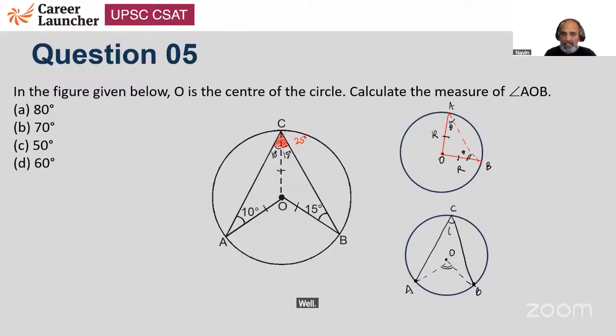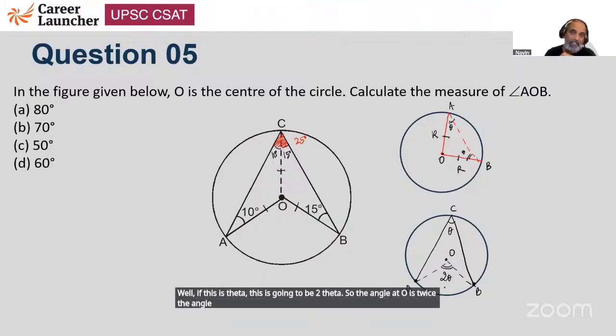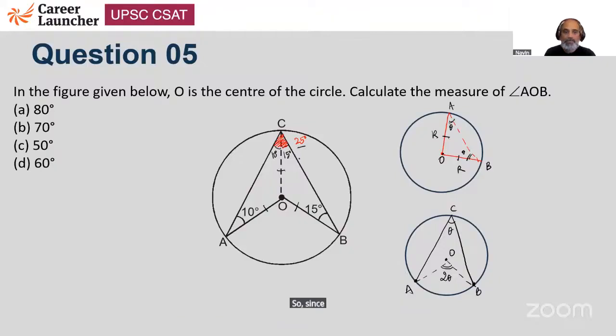Well, if this is theta, this is going to be 2 theta. So the angle at O is twice the angle we see there. So since we have 25 here, this angle is 50. C option. Right?